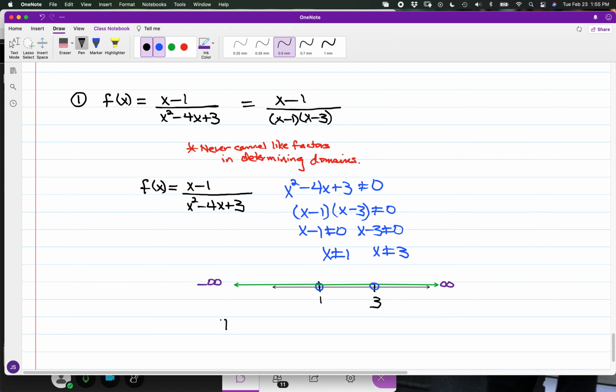For the domain, we have two exclusions, so we have three separate partitions in the interval notation. You'll be looking at those values of x less than 1, so you have parentheses around negative infinity and 1. Then you have those values of x greater than 1 and less than 3, so we still have parentheses. And for the last, we have those values of x which will be greater than 3.